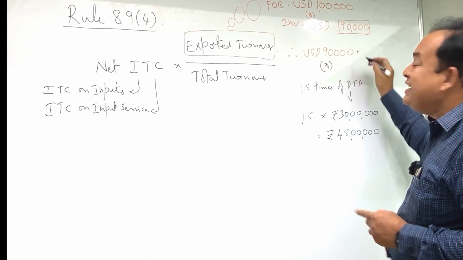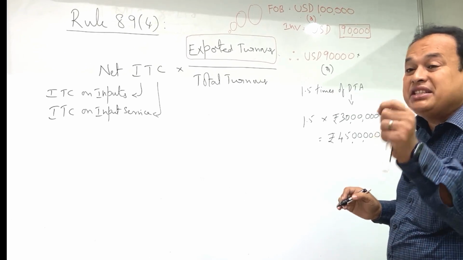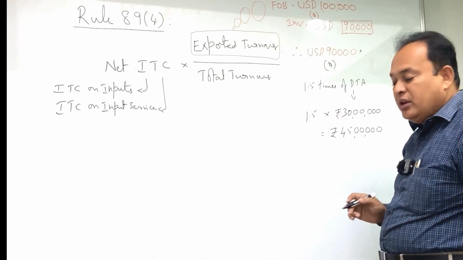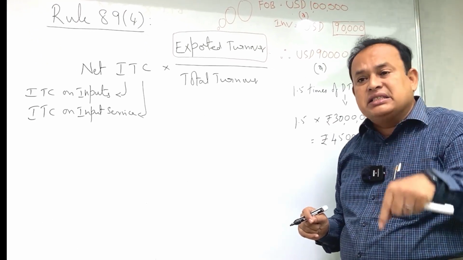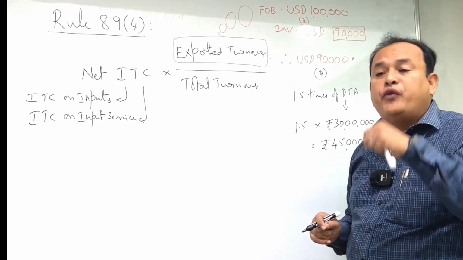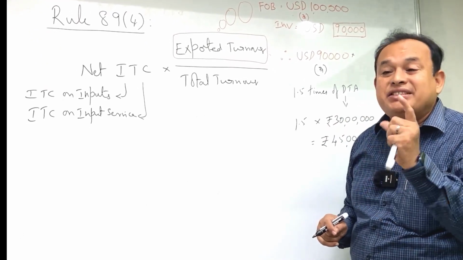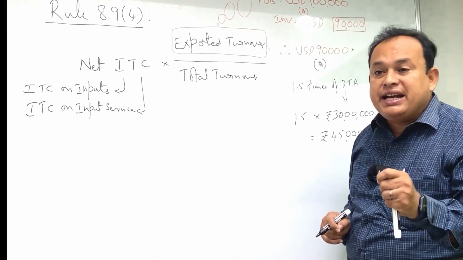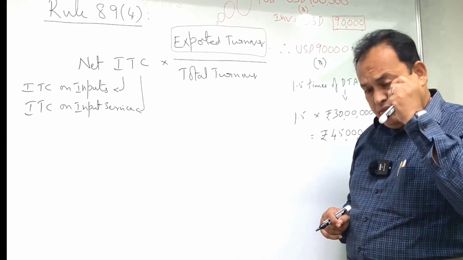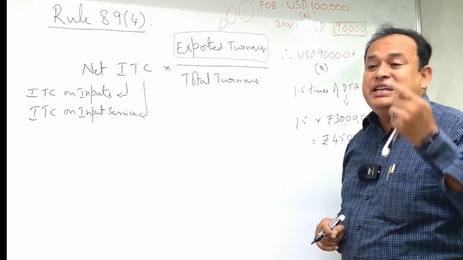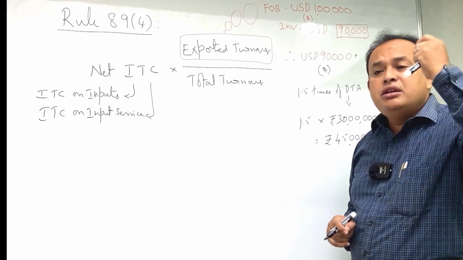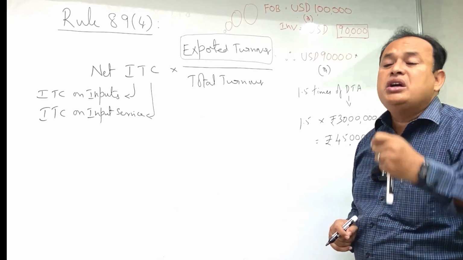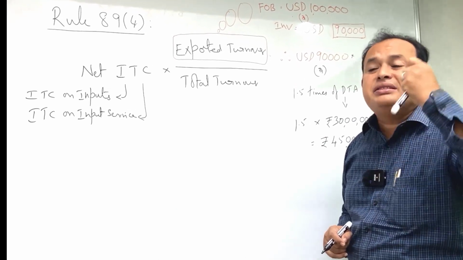The similar goods in US dollars, you convert to Indian rupees. Which exchange rate should be considered? For your kind consideration, under the GST law, rule number 34 talks about the exchange rate. For export of goods, the exchange rate is as declared by the CBIC. For import of goods also, the exchange rate is as declared by the CBIC.